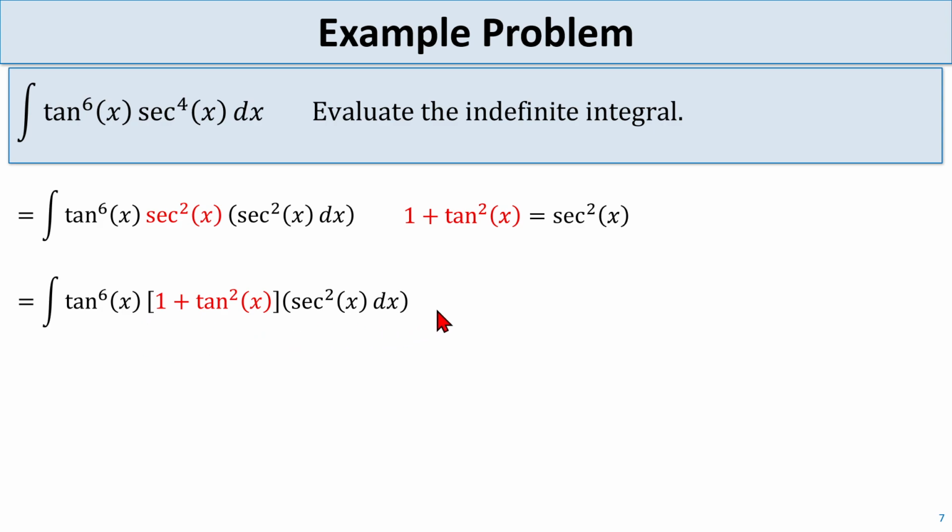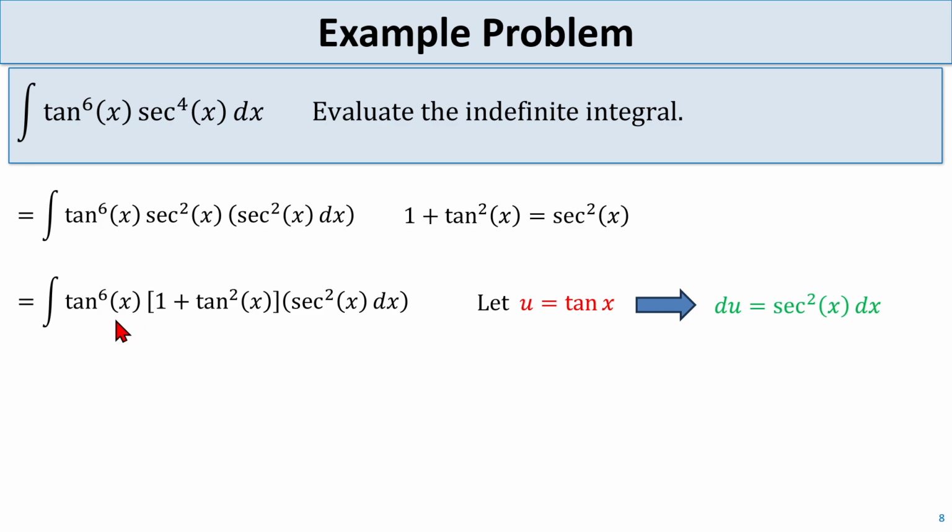And now I'm going to go ahead and start making my substitution. Let's let u equal tangent of x, and that implies that du is secant squared of x times dx. That's because the derivative of tangent is secant squared of x.